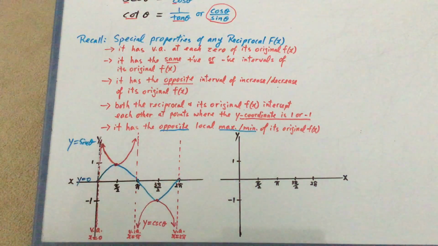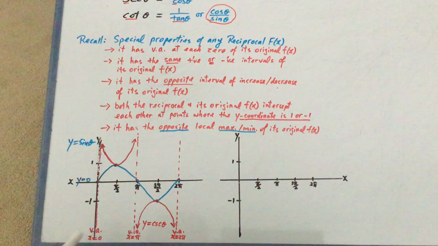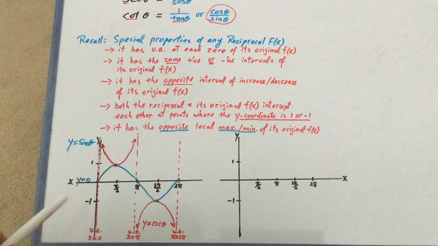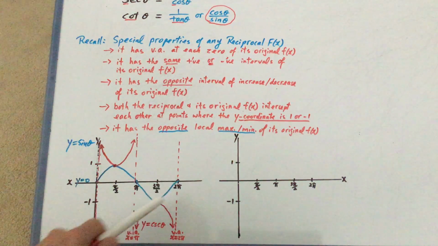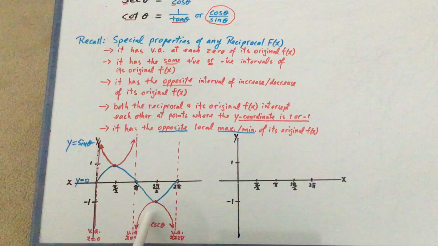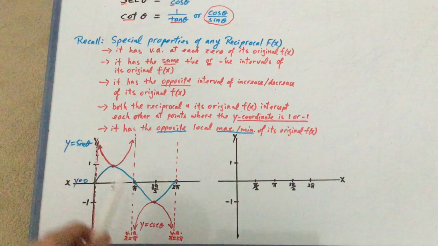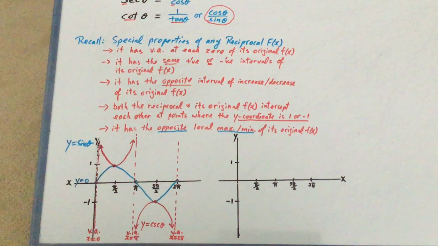So this is the reciprocal graph for the sine function. So it's pretty straightforward, and I only did one cycle over here. But if you want to continue with another cycle, your reciprocal function will have multiple parts, but similar to the one that I have here for the first cycle.